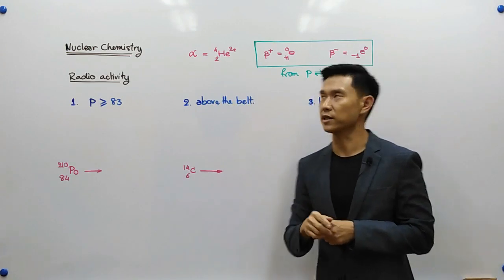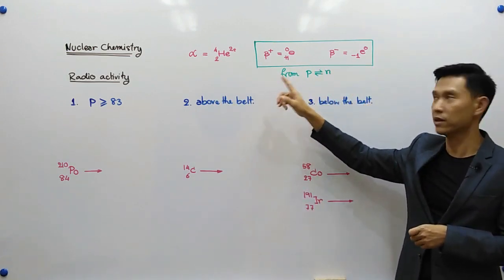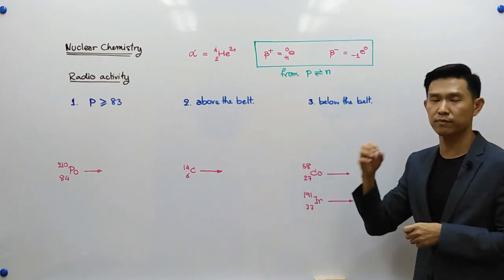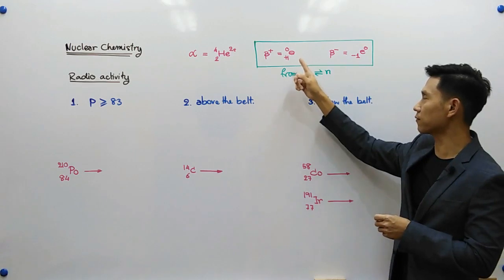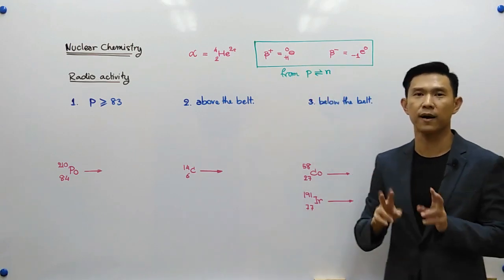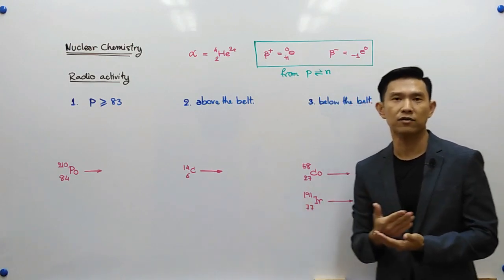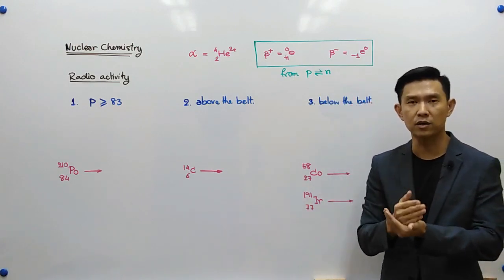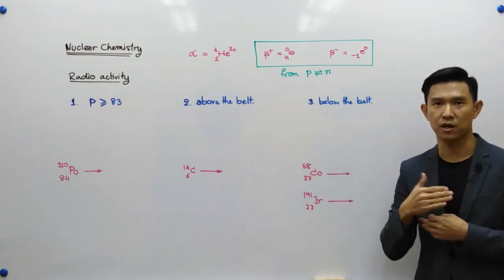The second alternative is beta plus, or positron. Beta plus radiation is actually the antiparticle of the electron. You know the electron, right? The antiparticle of the electron is the particle with the same mass as the electron, but with opposite charge.